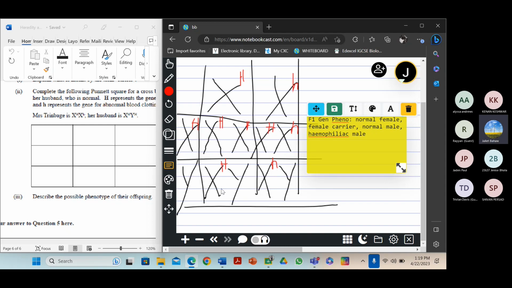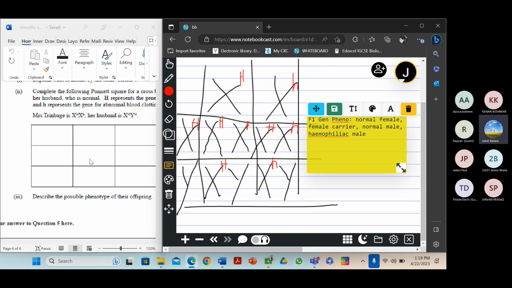However, between the 2 chances of the male, because there's 2 chances male, 2 chances female you're seeing here, between these 2, you have 50% chance the male can be normal and 50% chance the male can be hemophiliac. But between the 2 female chances, you have 50% chance the female will be normal, 50% chance the female will be carrier.